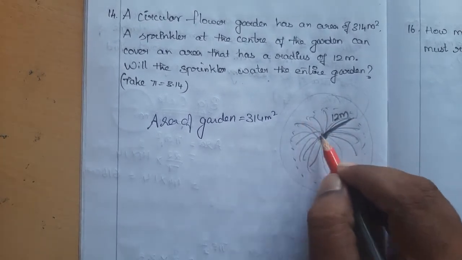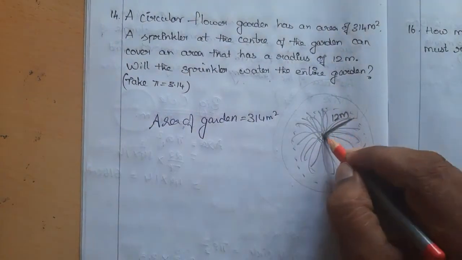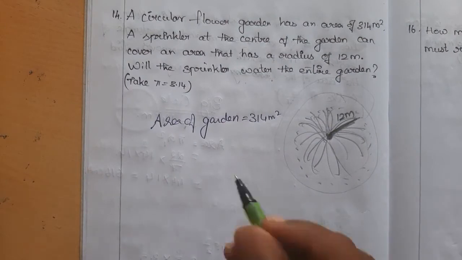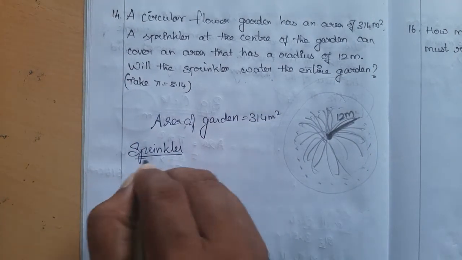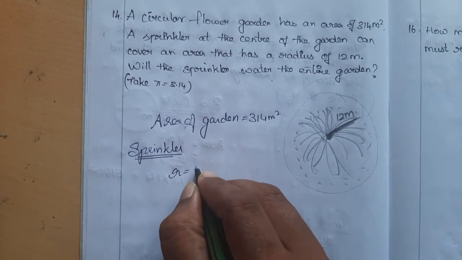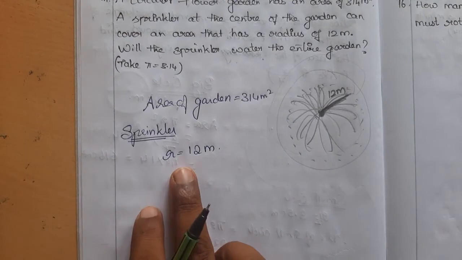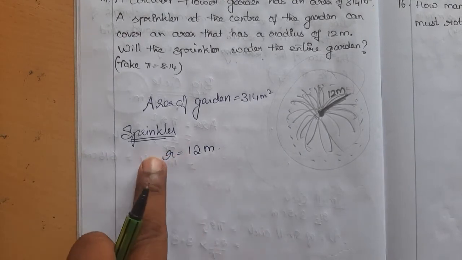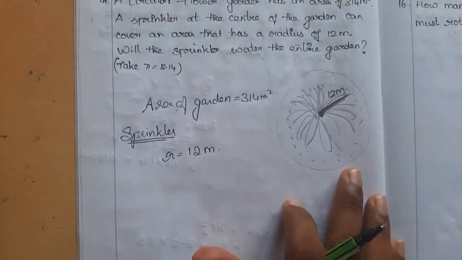You have seen that in a garden, right? It rotates with a distance of 12 meters, so the sprinkler covers with radius 12 meters. So we have to find how much area is covered by the sprinkler. Then we can compare with the garden and say whether it covers entirely or not.